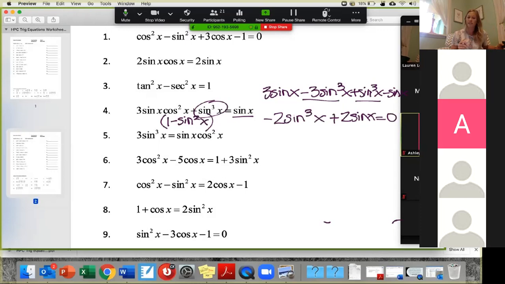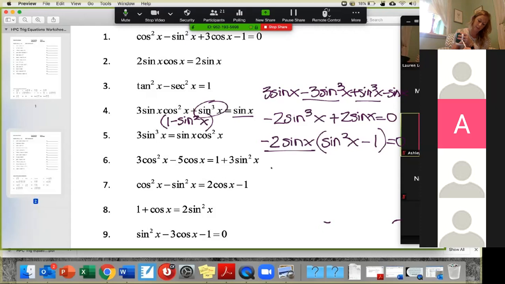Just to make my life easier, if there's a leading coefficient that's negative, I would go ahead and take out a -2 sine x. This would give me sine squared minus 1. You can continue factoring from here. That's a difference of squares, sine squared minus 1. Or you can just set your factors equal to 0.